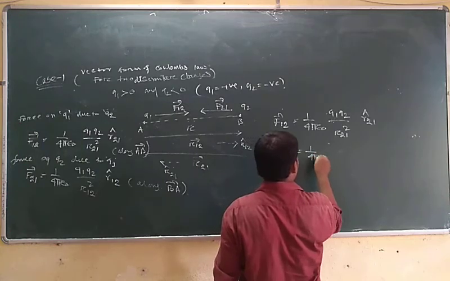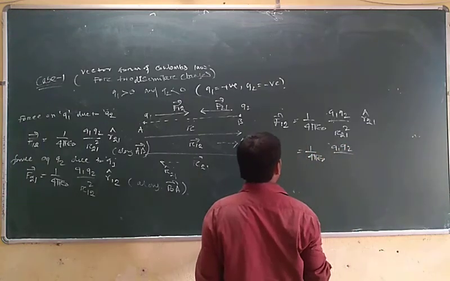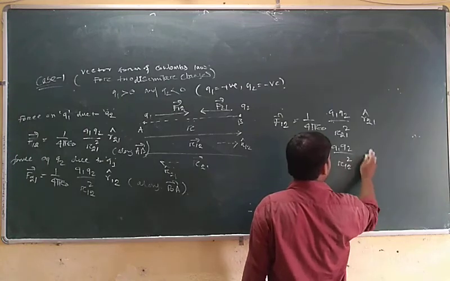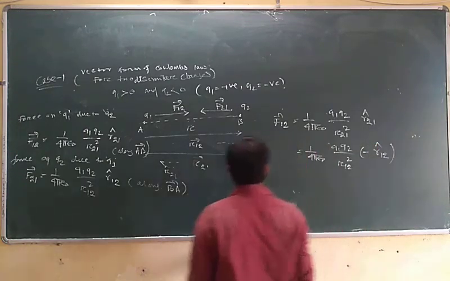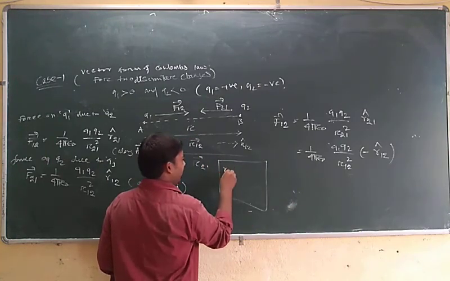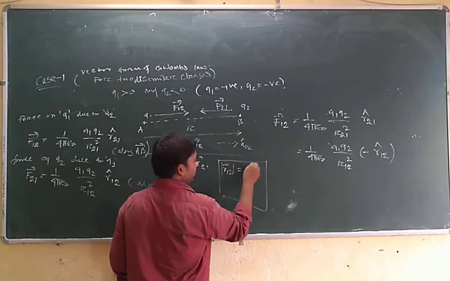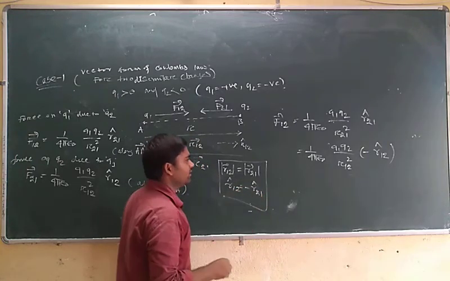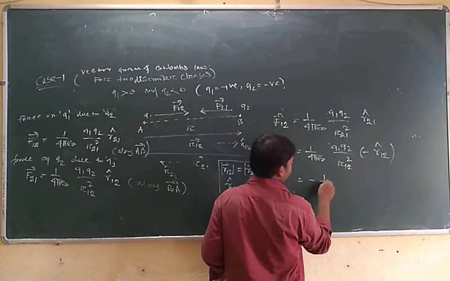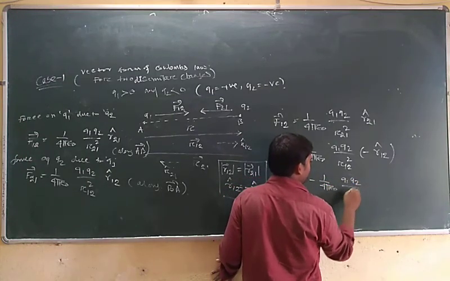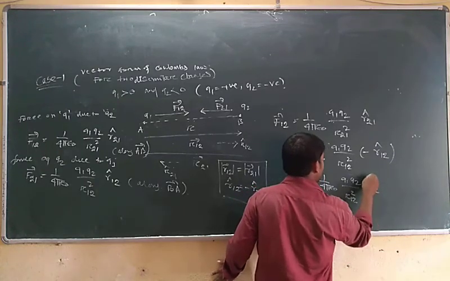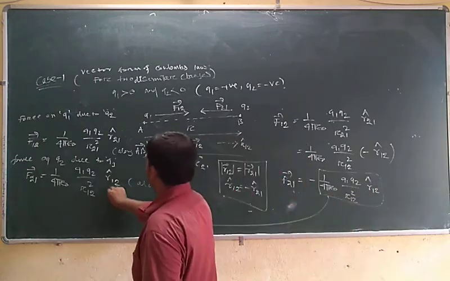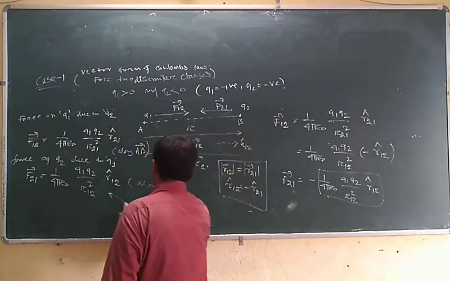So that equals minus 1 by 4 pi epsilon naught q1 q2 by r12 square r12 cap, and this term is equal to the F21 vector.